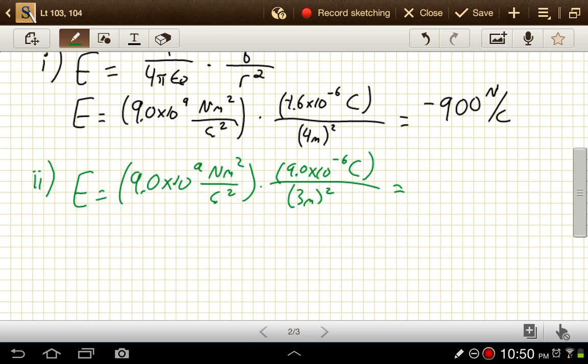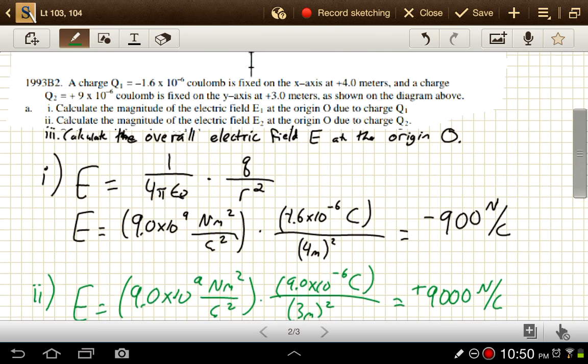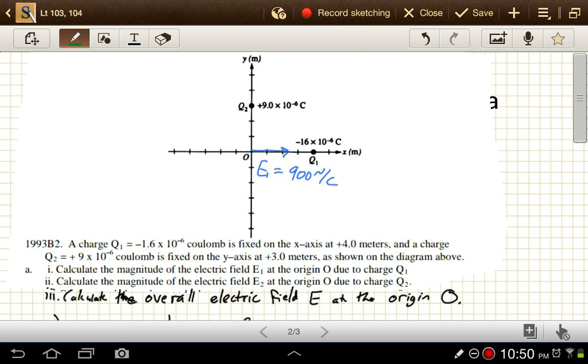Okay, so 9 times 10 to the 9th times 9 times 10 to the negative 6th divided by 9. A lot of 9's in that equation, and we've got just 9,000 newtons per coulomb, and that's a positive 9,000. So that means that's pointing away from Q2. Okay, so E2 is equal to 9,000 newtons per coulomb here.